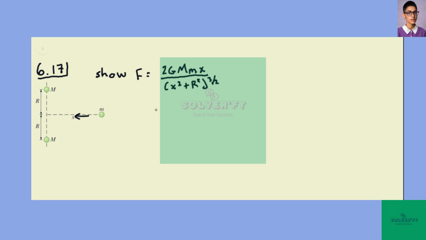So now if we consider the force from one of these, we call it F1 or something maybe, we have the distance here is the square root of x squared plus r squared.